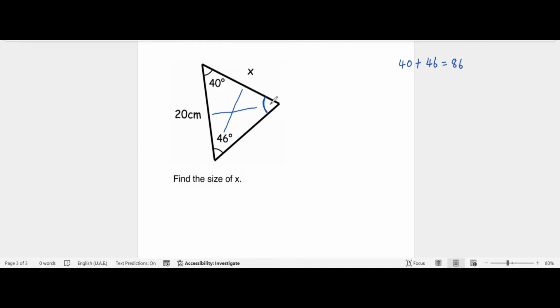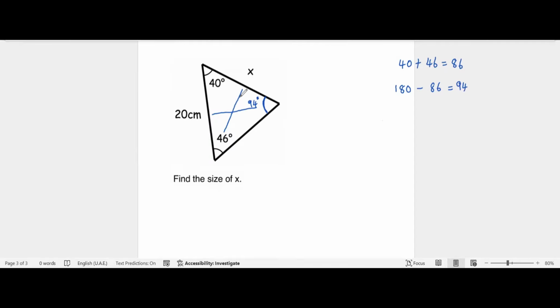Now, from 180, you subtract this 86. I think it is 94. So 180 minus 86 will give us 94 degrees.